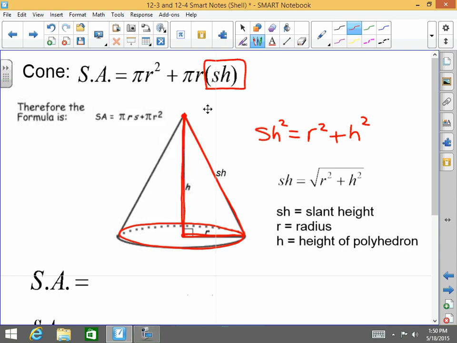That's 2. And now 3, surface area of a cone, is pi r squared, basically the base area, plus basically half the circumference times slant height. Because if 2 pi r is circumference, pi r is half the circumference. Okay.